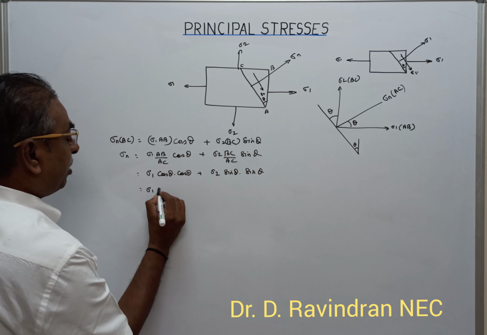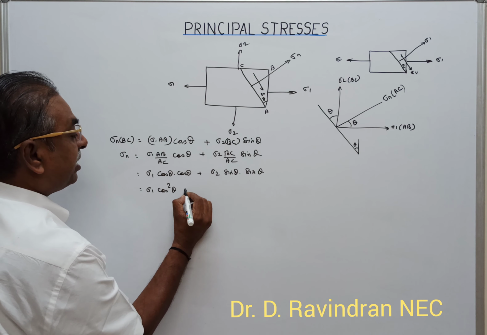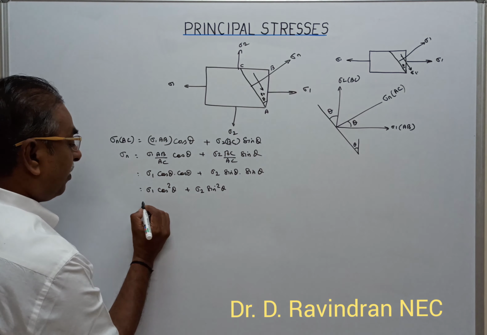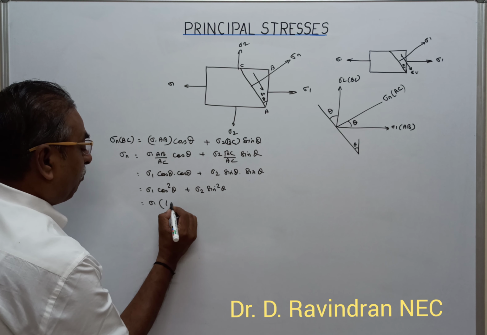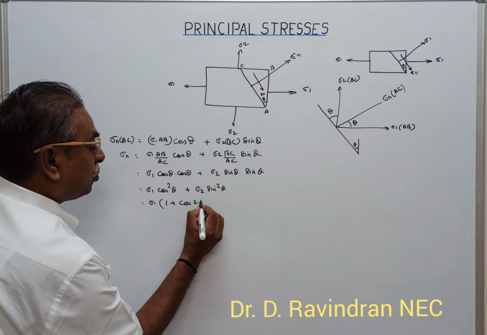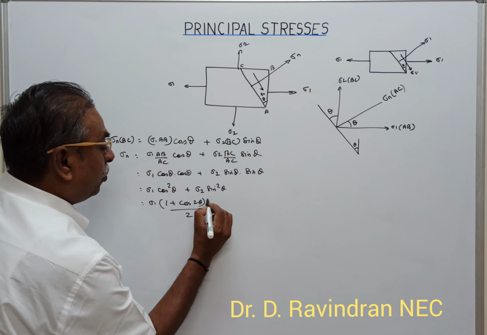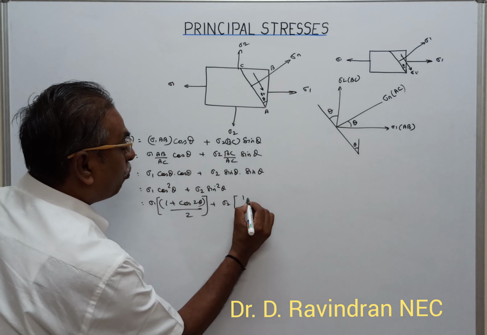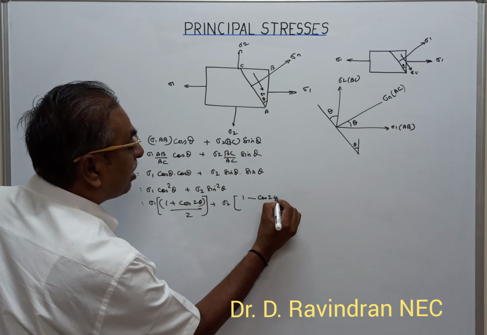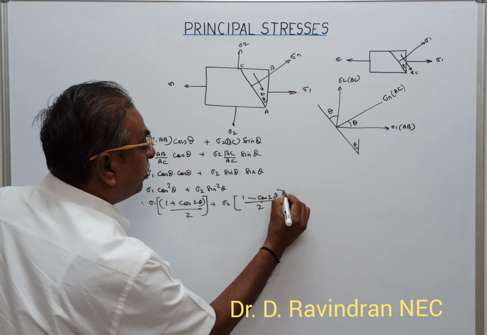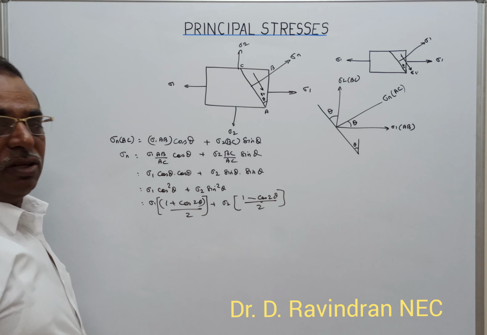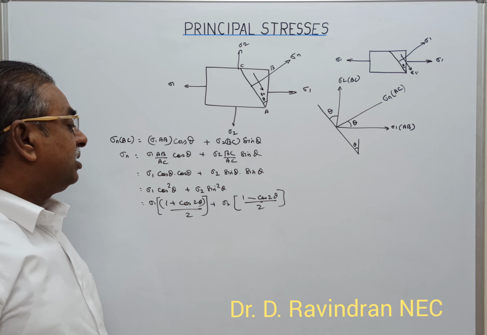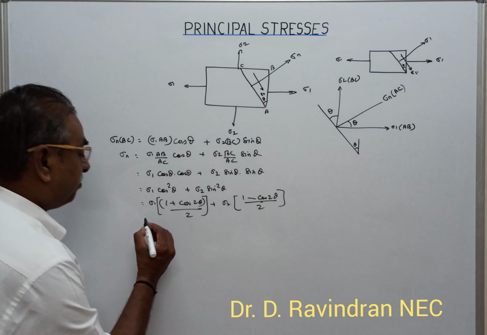Now this will be equal to sigma 1 cos squared theta plus sigma 2 sin squared theta, which is sigma 1 into (1 plus cos 2 theta) by 2 plus sigma 2 into (1 minus cos 2 theta) by 2. Since cos squared theta is equal to (1 plus cos 2 theta) by 2, sin squared theta will be equal to (1 minus cos 2 theta) by 2.